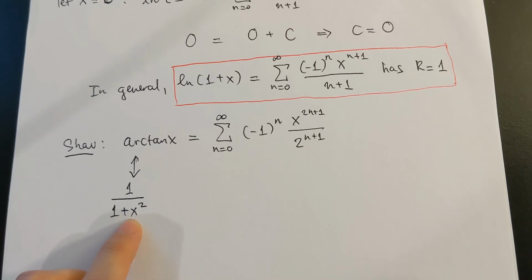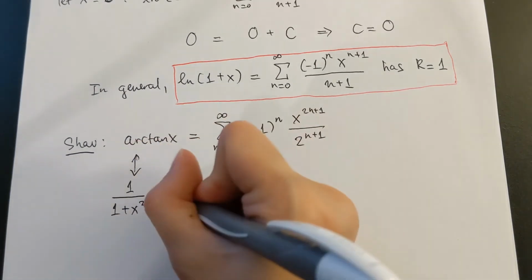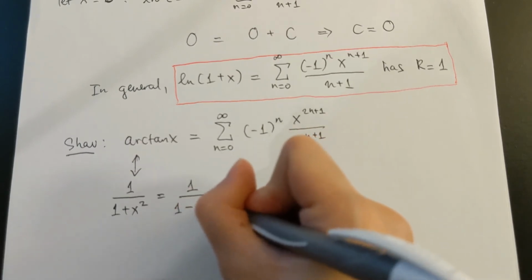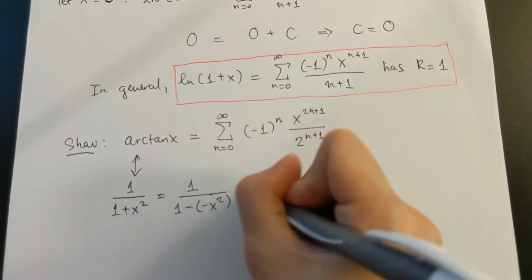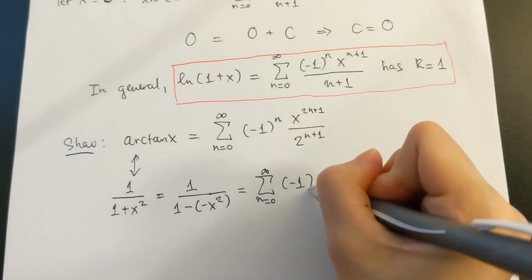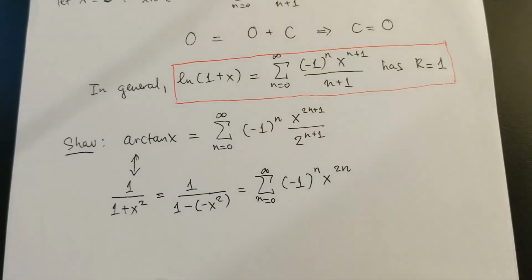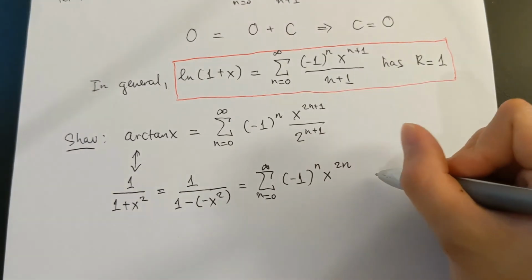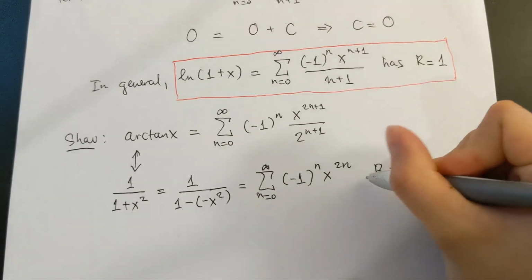This is a function where we can easily write the power series, which we already did in the previous example. So let me remind you, this is this power series, and the radius of convergence r is equal to 1 here.